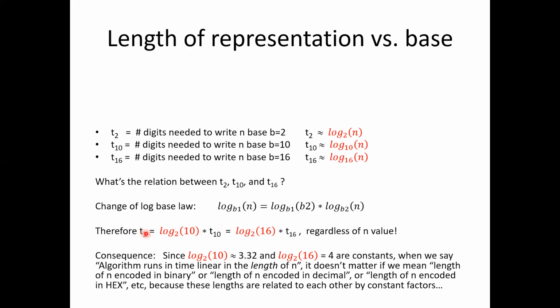That's how you go from the number of decimal digits to the number of binary digits. There is an easier approximation, because it happens that the power of 2 that is very close to a power of 10 is 2 to the 10, which is very close to 1024, the third power of 10.